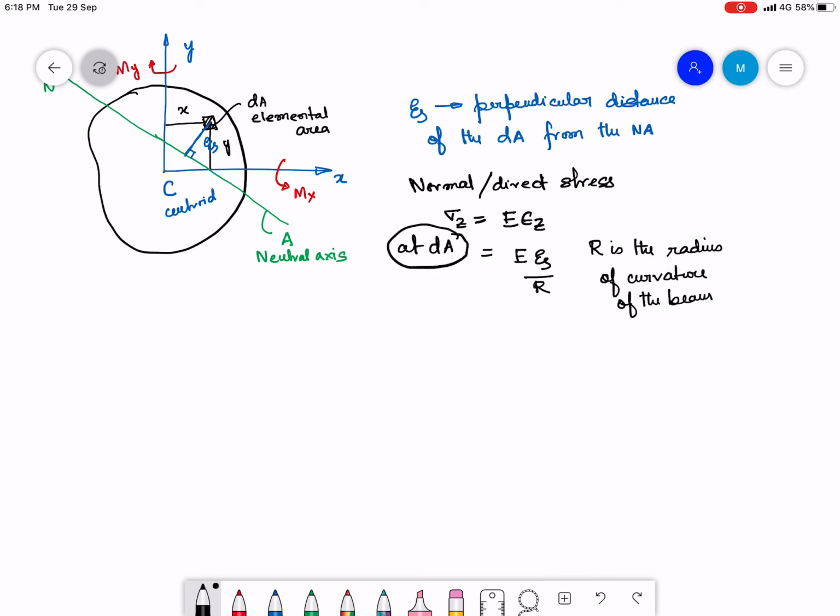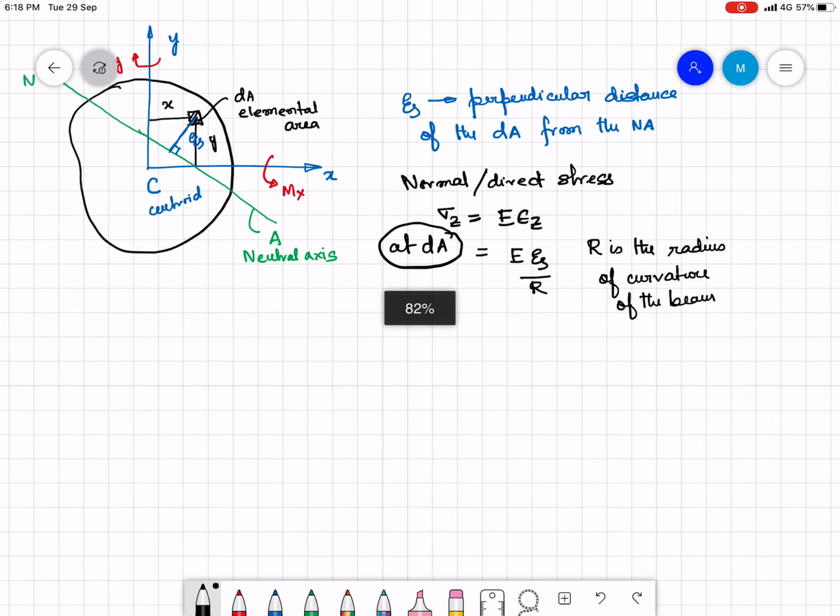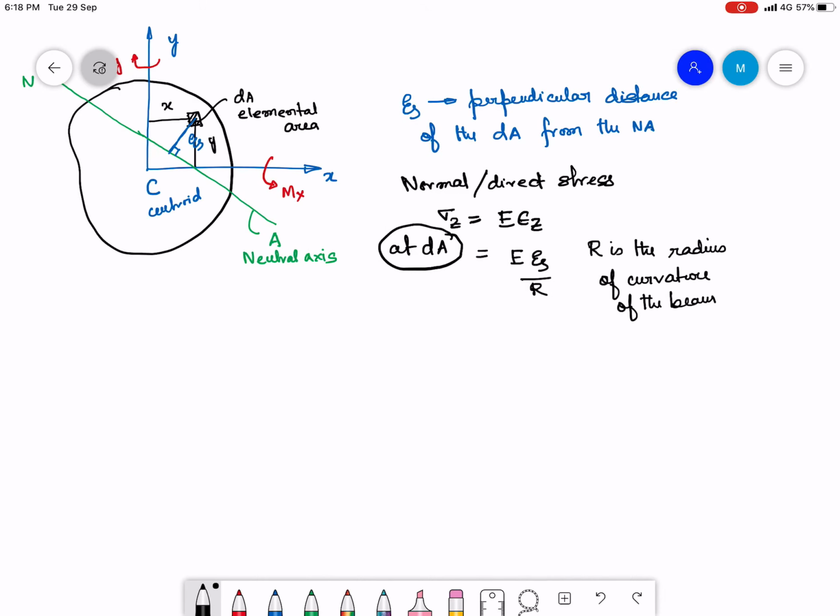Now let us try to understand this expression. If you go back to unidirectional bending, you will remember that the normal stress at any point in the cross section was equal to Young's modulus into y by R, where R was the radius of curvature and y was the perpendicular distance along the y axis from the neutral axis. Exactly the same concept is applied here.